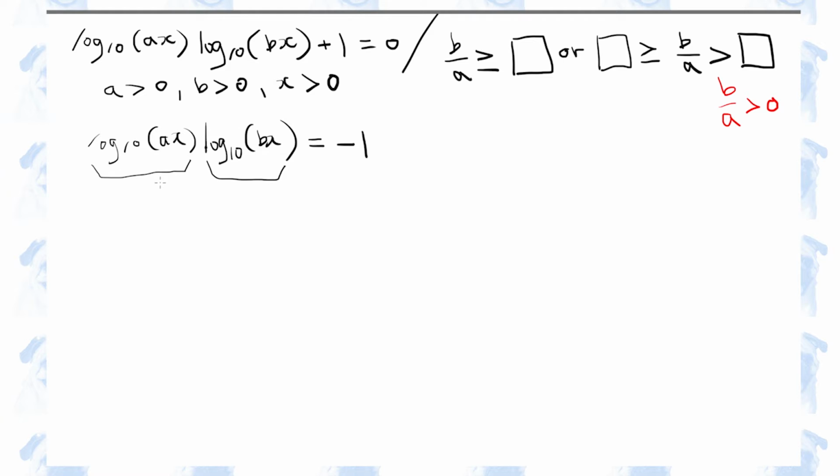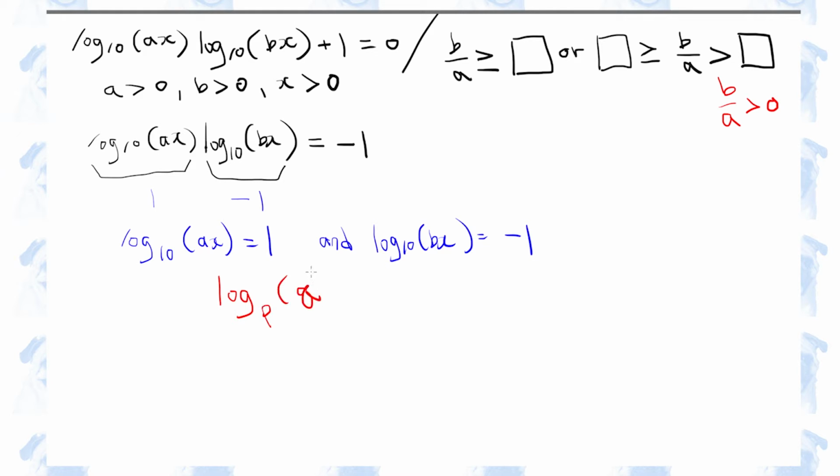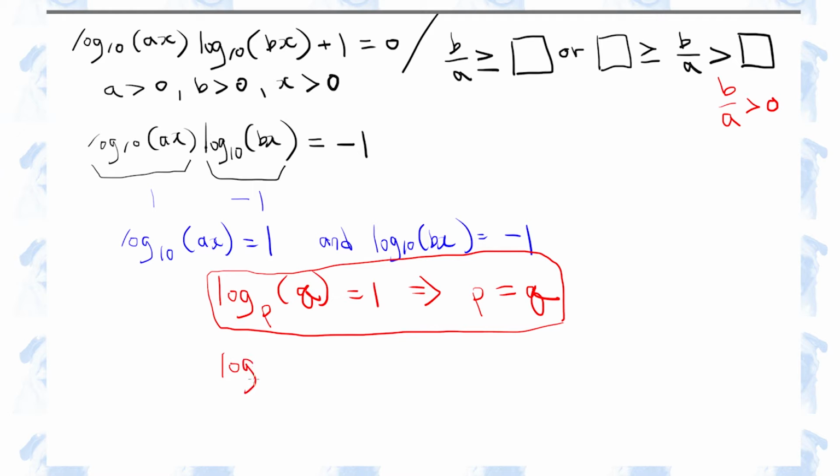So let us first assume that the first part is equal to 1 and the second part is equal to minus 1. Recall that log base p of q equals 1 implies that p is equal to q, and log base p of q equals minus 1 implies that p is equal to 1 over q.